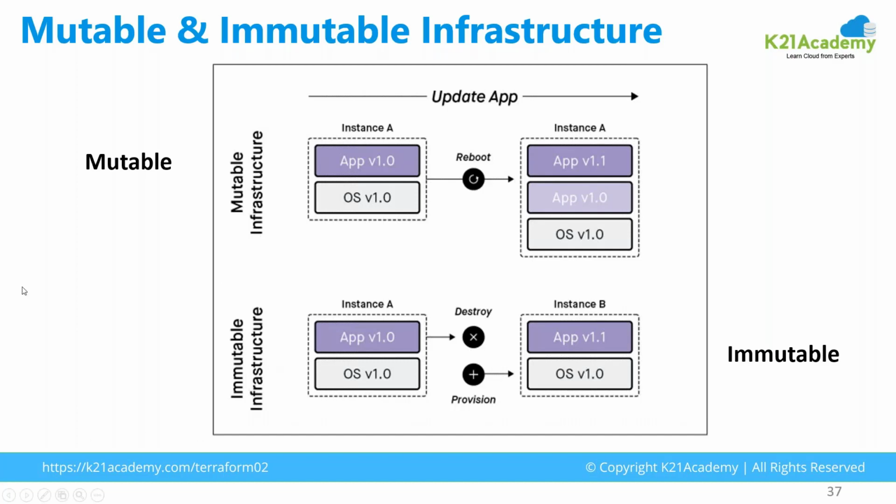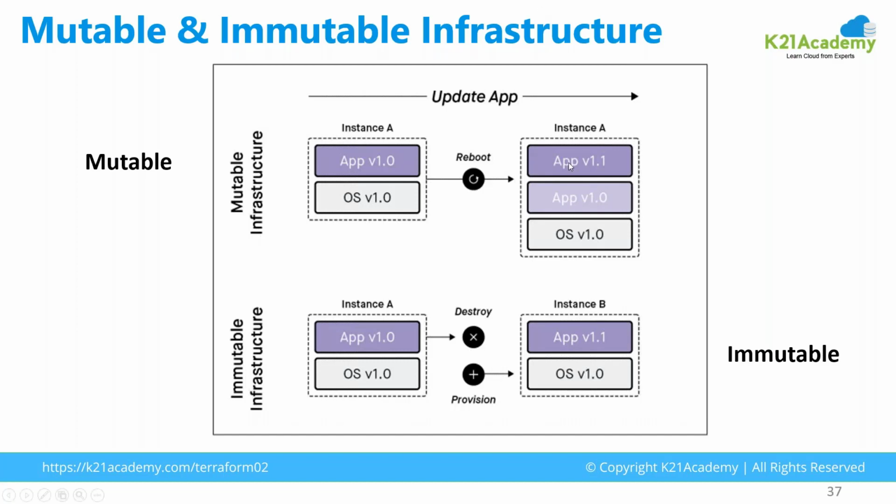Now this is the very important concept of mutable and immutable infrastructure. If you see this diagram, the first one, I have an OS of version 1.0, and over that I have an application running, say version 1.0. Now I have a requirement to upgrade my application to 1.1.